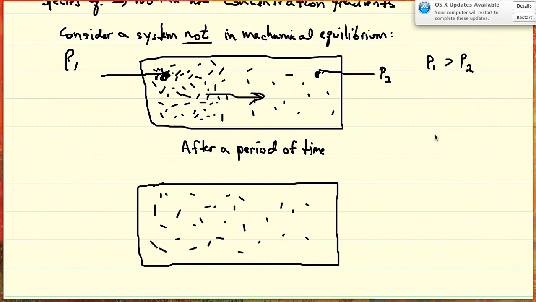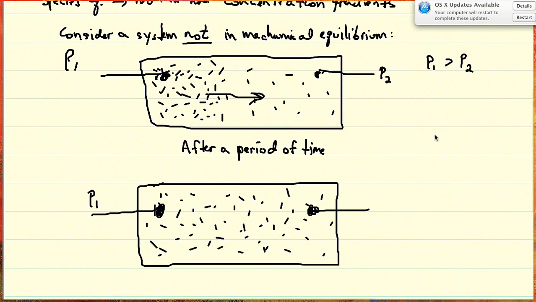The natural tendency is for that gradient to be eliminated, right? The natural tendency is for the particles in the high concentration area to flow to the low concentration area. So that now when I take a look at my pressure measurement and I compare these two, this is still P1 and this is still P2.